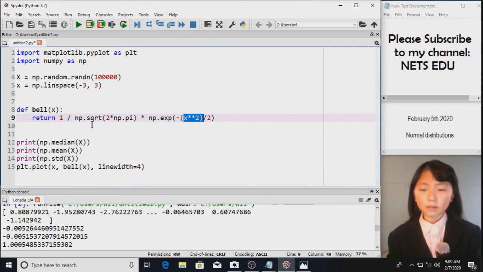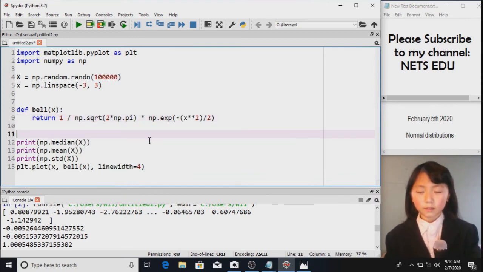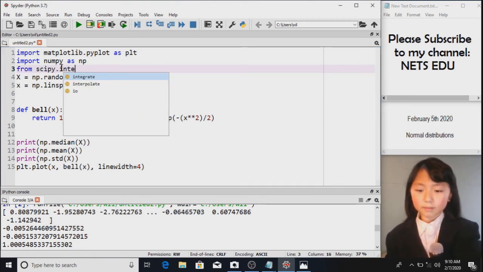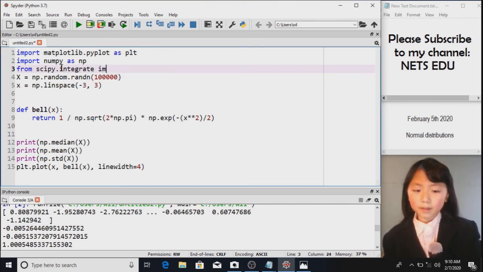So to test whether this function really is the function of the bell curve, we can find the area using integrals. From scipy.integrate import quad.